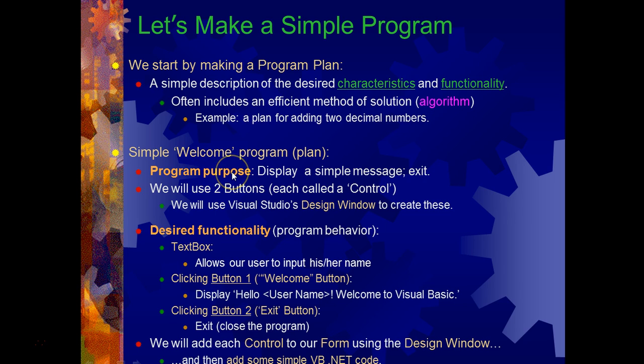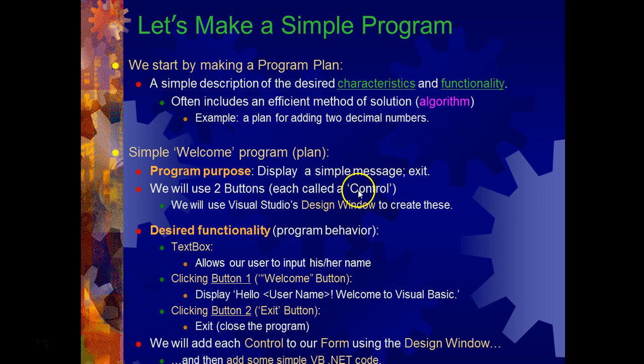And the program purpose. It's always nice to say what the purpose of the program is before you start to make it. This is a very good thing to think about before you start. So what is the purpose? To display a simple message and exit. We will use 2 buttons.